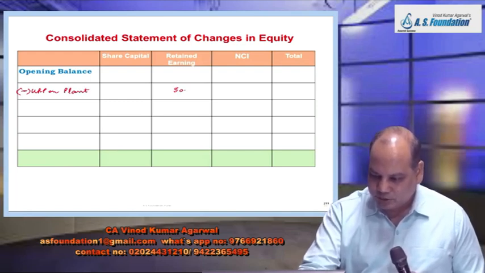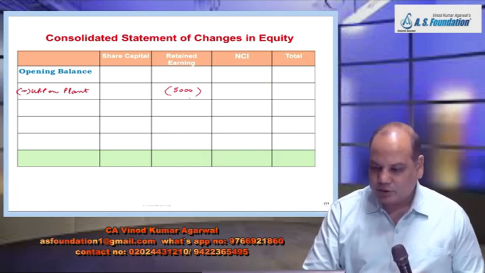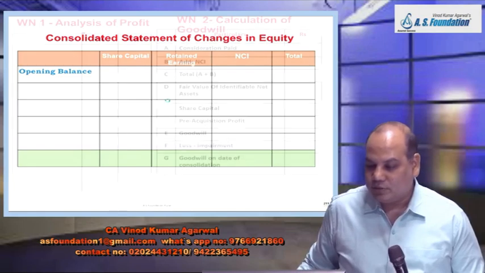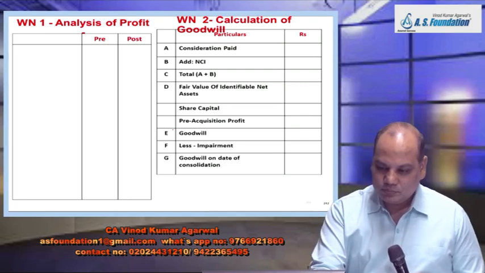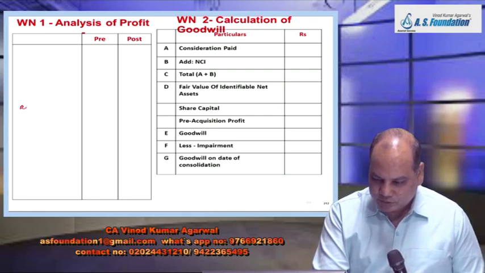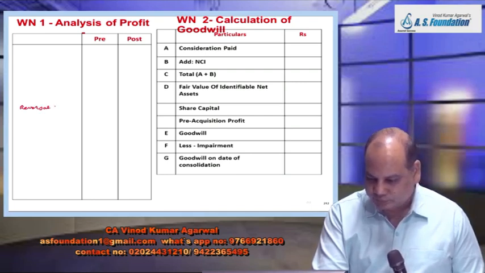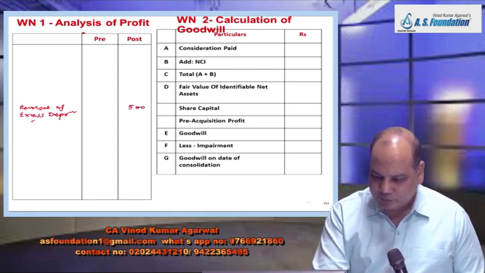In retained earning column, minus 5,000. And where will you eliminate that reversal of depreciation? Subsidiary. Keep first 4-5 lines blank. Then write down reversal of excess depreciation, 500. 5,000 divided by 10 into 6 by 12.